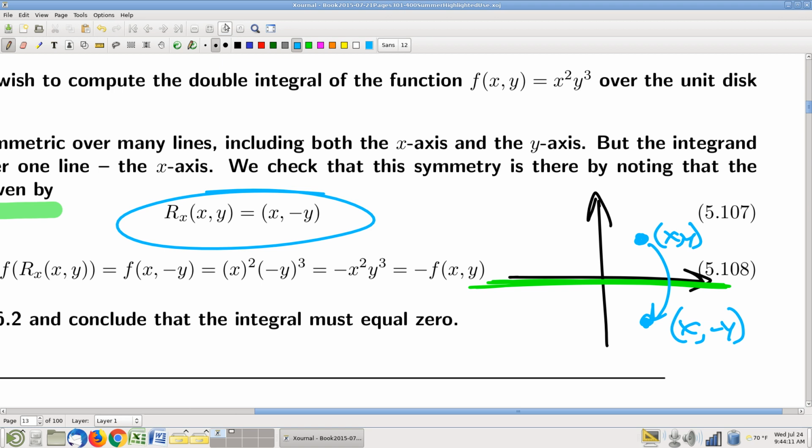Notice there's a seemingly unexpected aspect. A lot of people think, oh, if you're reflecting over the x-axis, shouldn't you have a minus sign on the x coordinate? Nope. Look at the picture. This is a situation where you have to just observe what it unavoidably has to be, realize that it's kind of the opposite of what you might expect from a superficial symbolic approach, and just be on the lookout for this in the future.